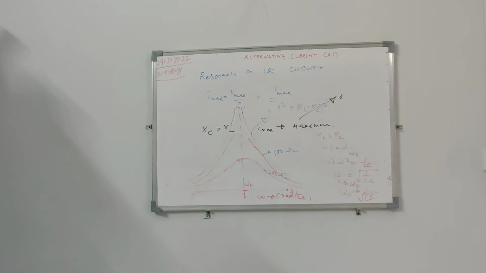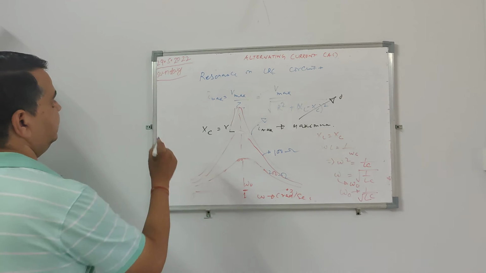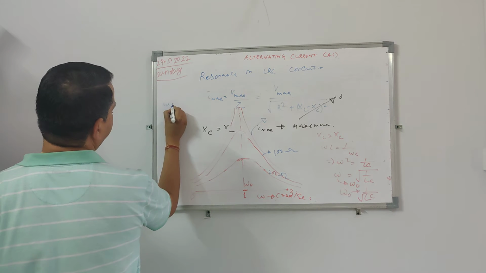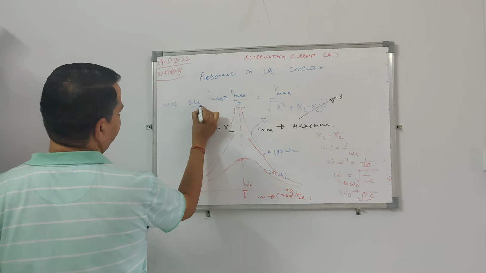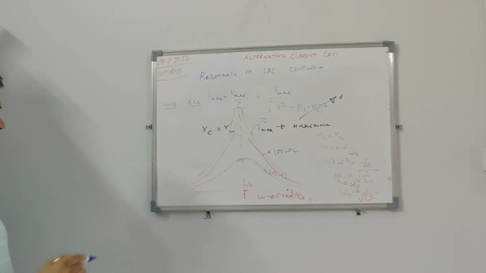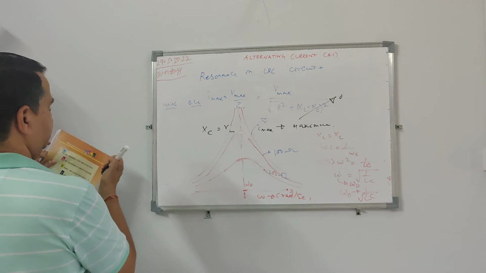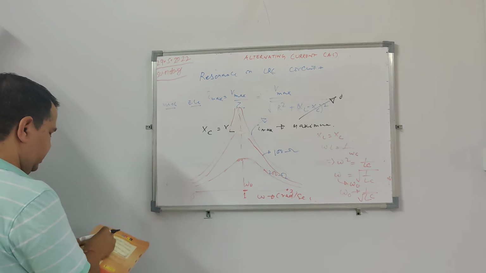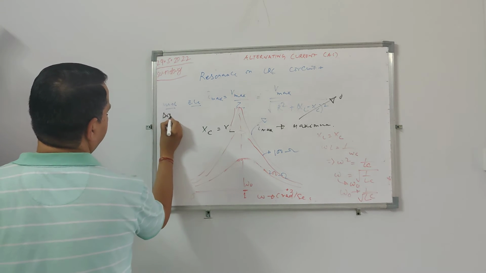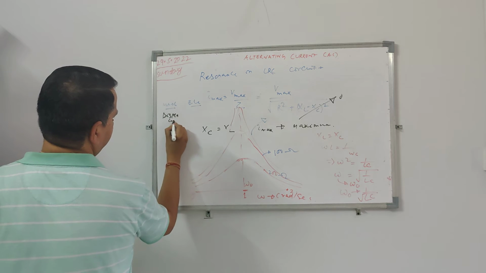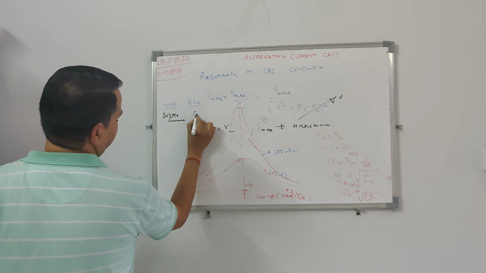This resistance, in mechanical terms, can be compared with the damping coefficient. If you compare mechanical with electrical, there it was displacement, whereas in electrical it is current.